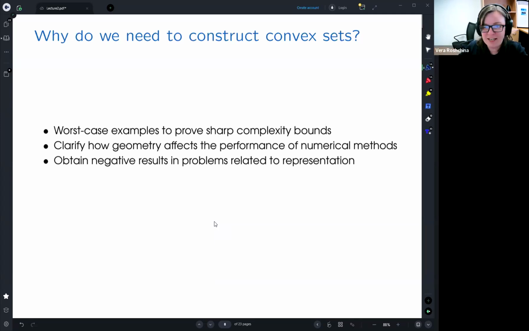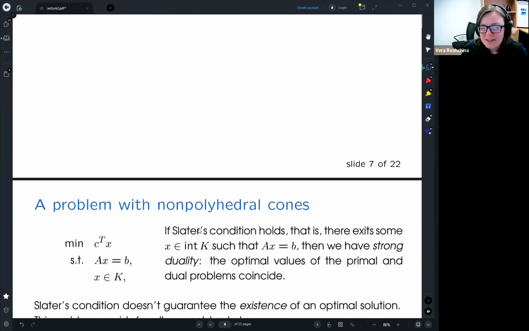So negative results are important, and knowing how to construct convex sets is useful for at least that kind of research. And then it's also interesting to see how much we can learn about the spaces themselves and how much we can understand about the convex sets themselves, right? What can we get generally for convex sets?